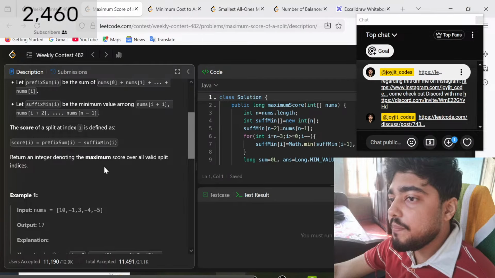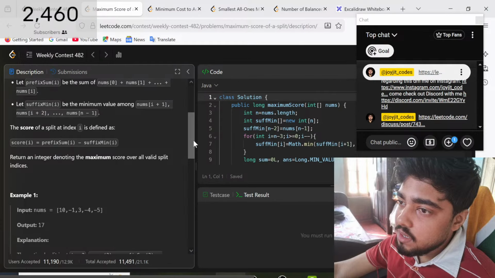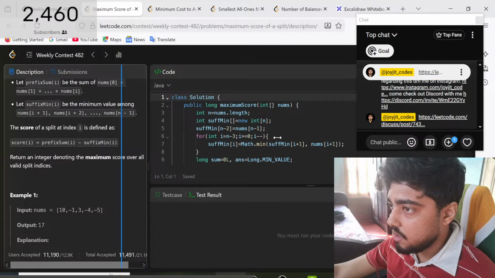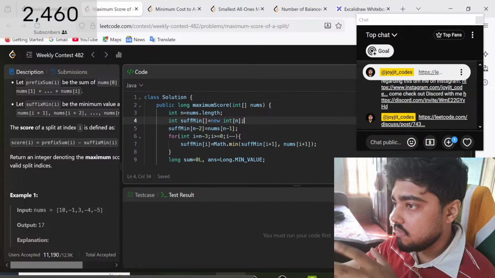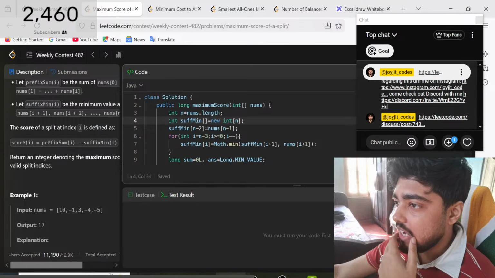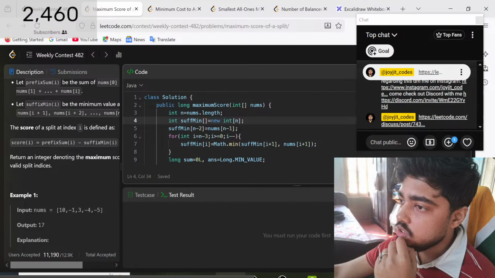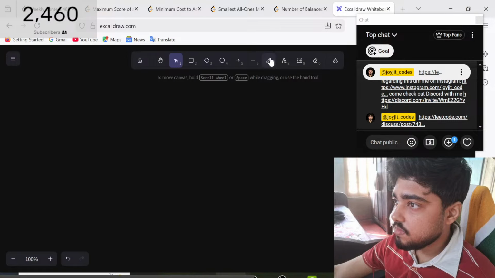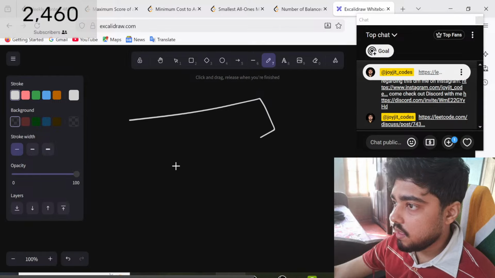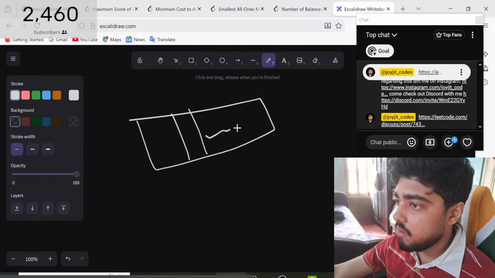So the suffix min is the most important part that we have to consider. Let's look at the solution. I'm taking an array of size n, and suffix min of n minus 2 is equal to nums of n minus 1, because if you're standing at a position, the suffix min is the minimum of all the positions after it.